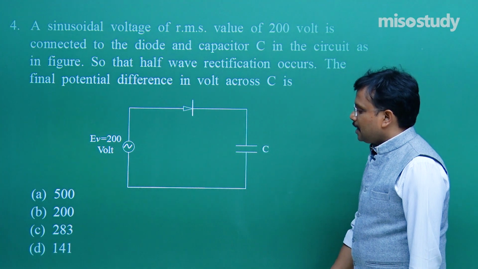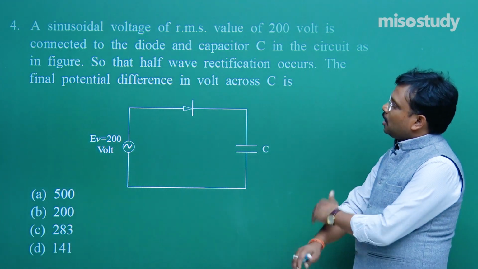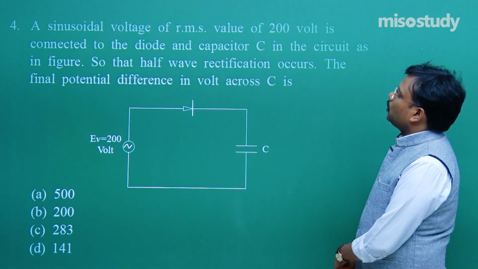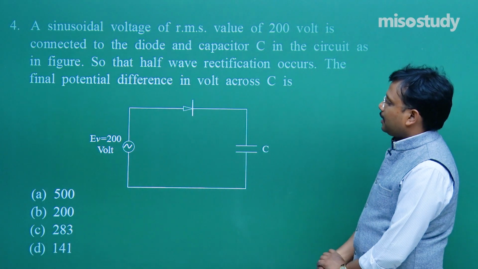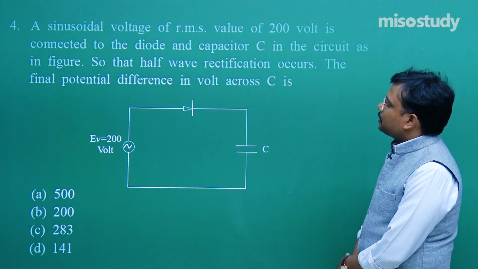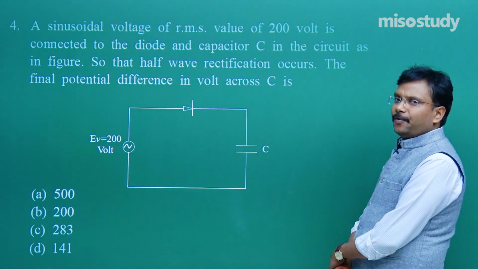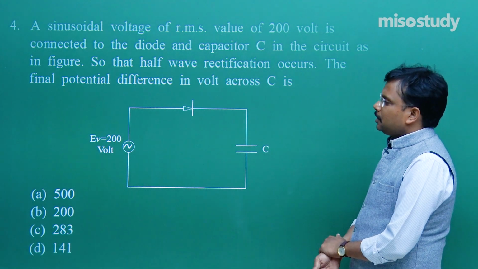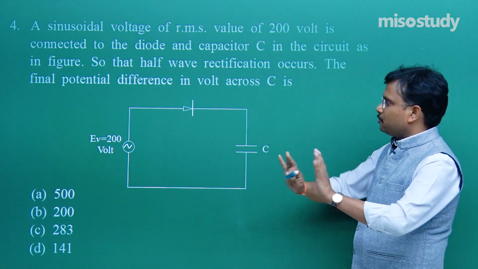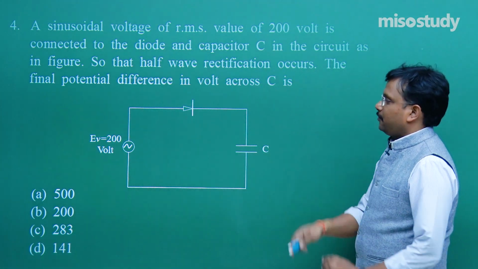Here comes the next question. A sinusoidal voltage of RMS value 200 volt is connected to a diode and a capacitor, as in this particular figure, so that half wave rectification occurs. I put the diagram so there is no requirement of my intervention.